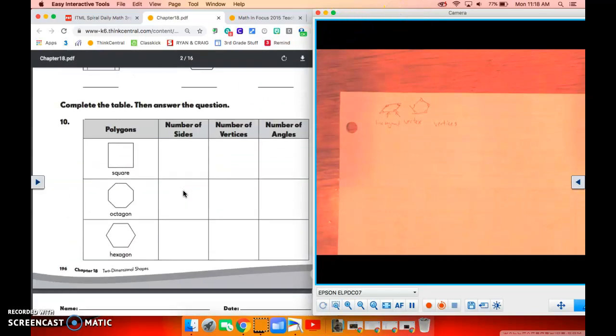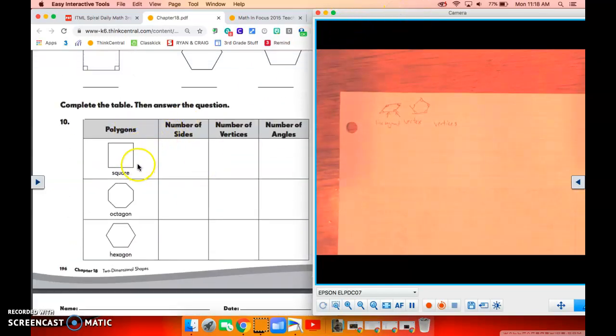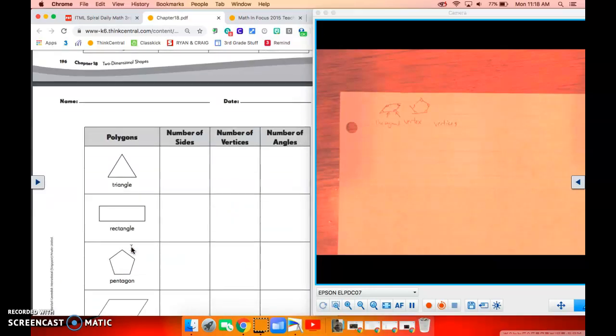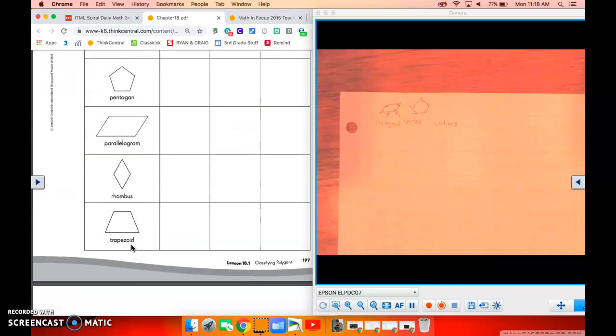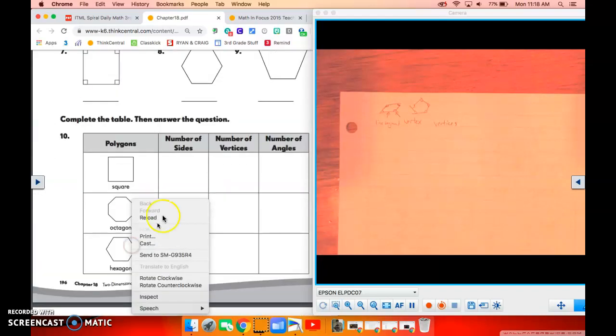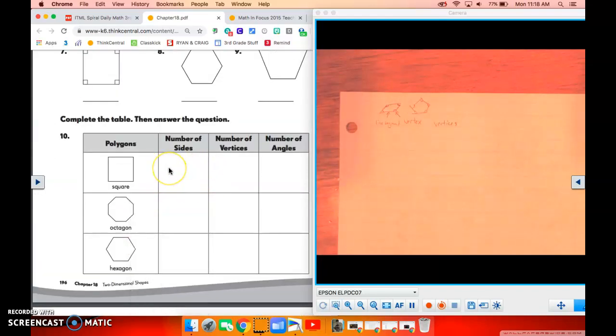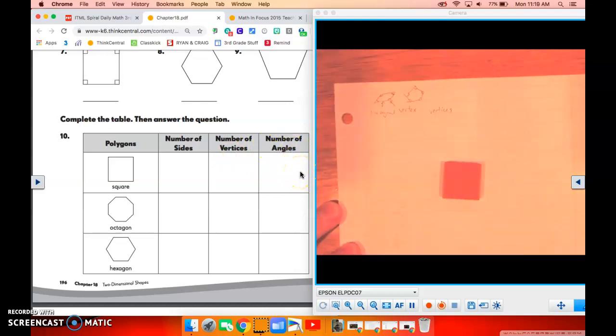So 10, it says polygons: square, octagon, hexagon, triangle, rectangle, pentagon, parallelogram, rhombus, and trapezoid. And we also have number of sides, number of vertices, and number of angles. Let's just look at that square, okay? Number of sides, 1, 2, 3, 4.